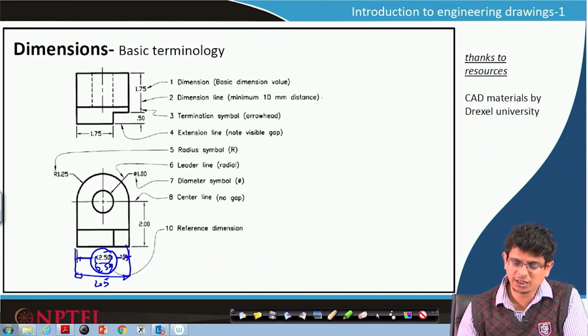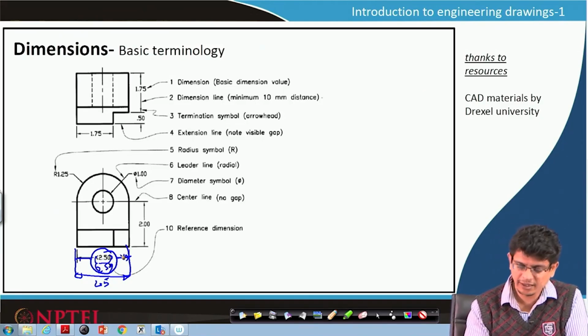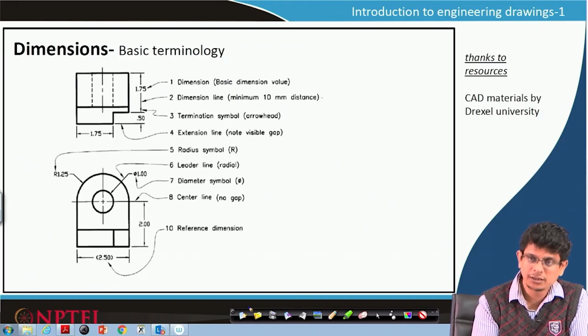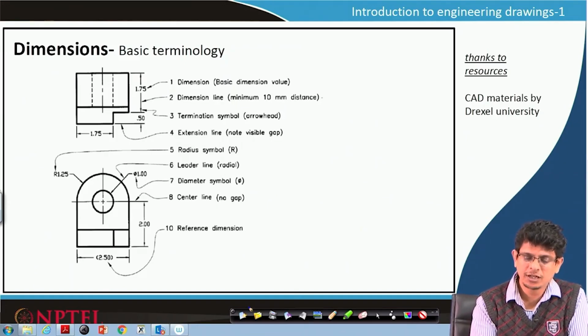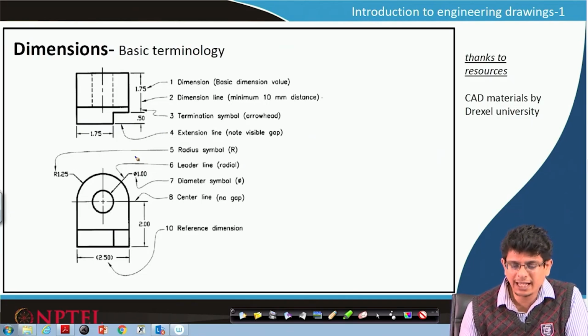That kind of dimensions are called reference dimensions. These are the extra dimensions given just to represent the drawing. This dimension must have been already given in the drawing as intricate detail.